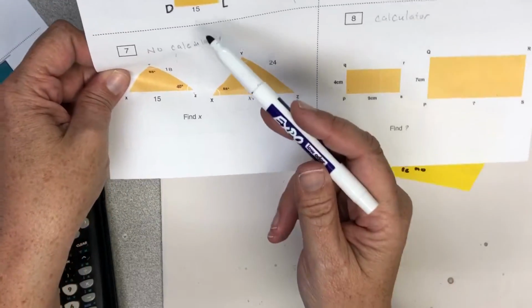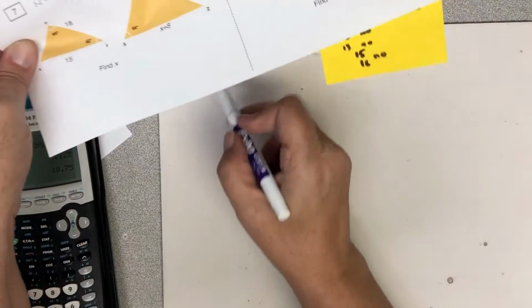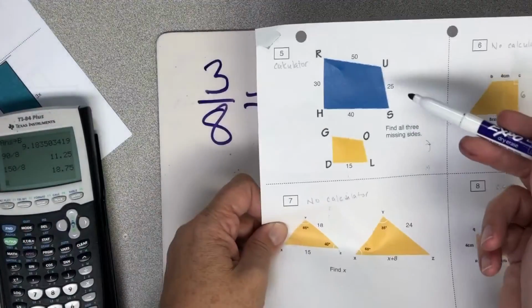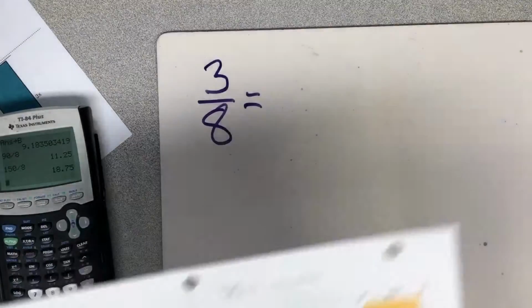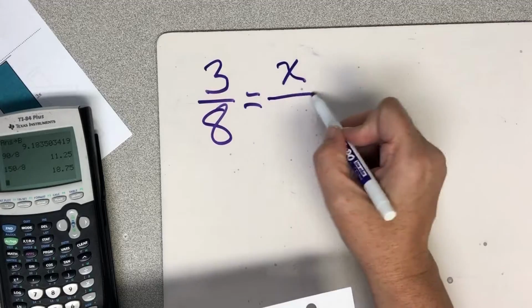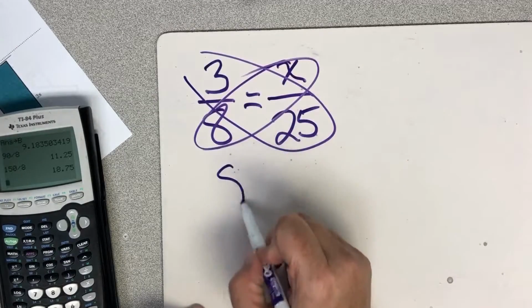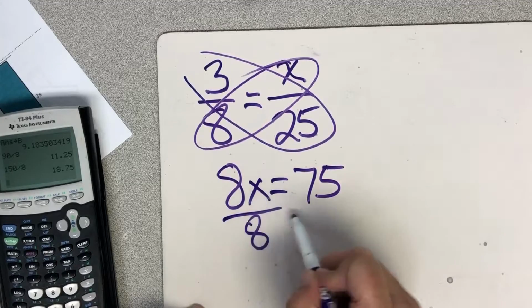I already know that if I use DL and HS, that's 15 to 40, and I already know that that simplifies to a scale factor of 3 over 8. I'm looking for OL, and that corresponds to US, so that's X over 25, and I cross multiply. I get 8X equals 75. Divide both sides by 8.